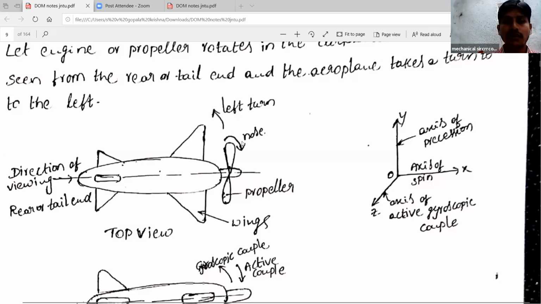You will also observe the direction of rotation. The plane will take to this side. For example, I will show you the annotations.